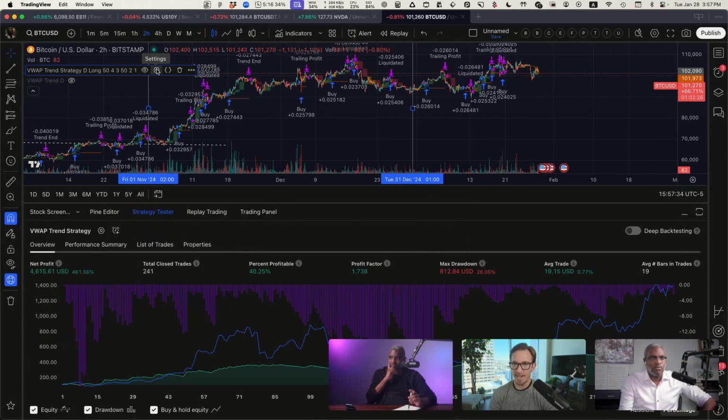So instead, we have to begin this process with an opposite philosophy in mind, which is the idea that we should start with the belief that this strategy is likely not going to work. In the backtesting realm, in the theory behind all of this, this is called rejecting the null hypothesis. Basically, we're saying we don't think this is going to work, and we're attempting to reject the idea that it doesn't work.